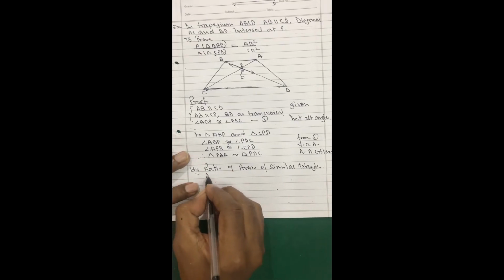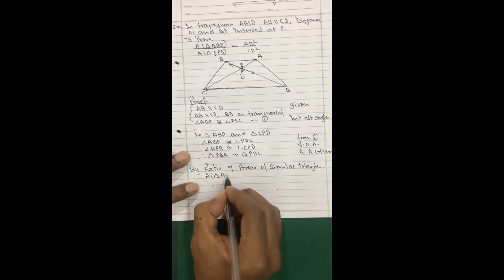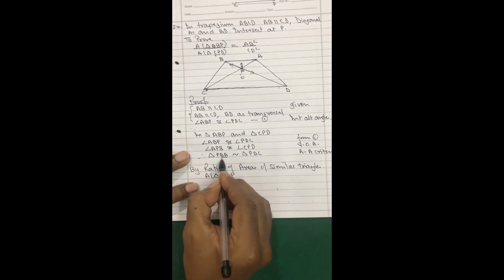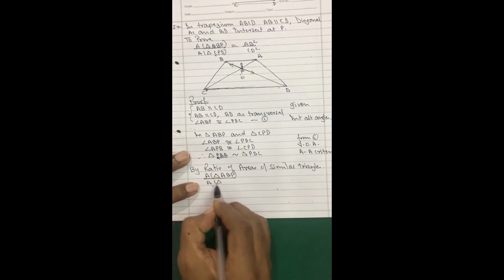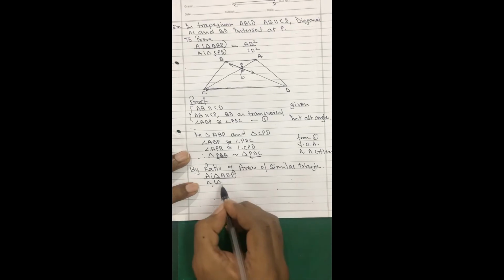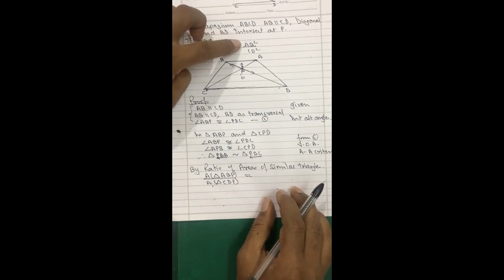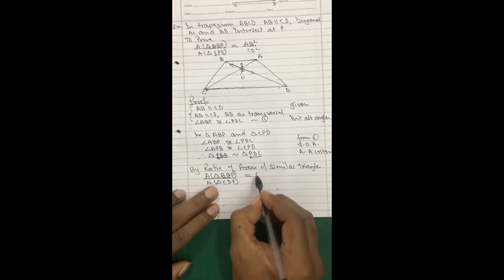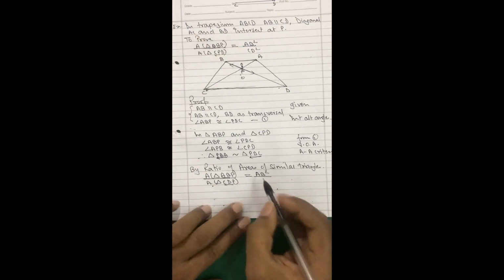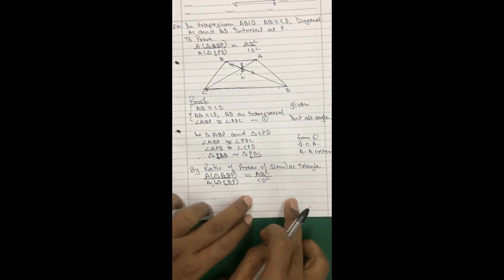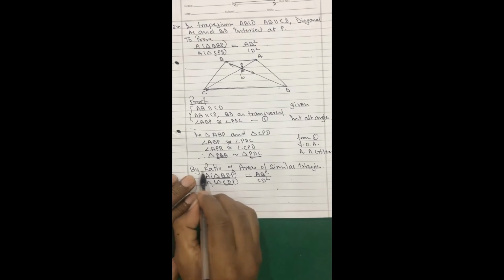So that will be area of triangle ABP upon area of triangle CDP is equal to AB square upon CD square. Remember, while applying ratio of areas of similar triangles, you have to write square. This is what you have proved.